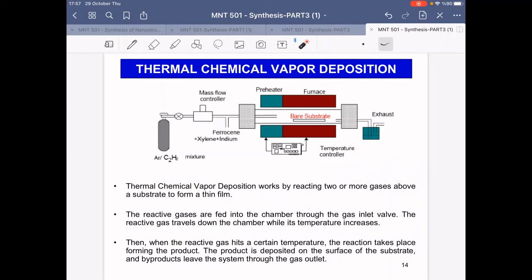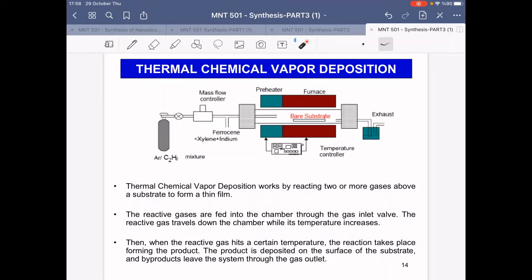Okay, the type of catalyst you're using and the type of CVD technique you're using make a big effect on the type of nanotube you are obtaining. In this case, the reactive gases are fed into the chamber through the gas inlet valve.